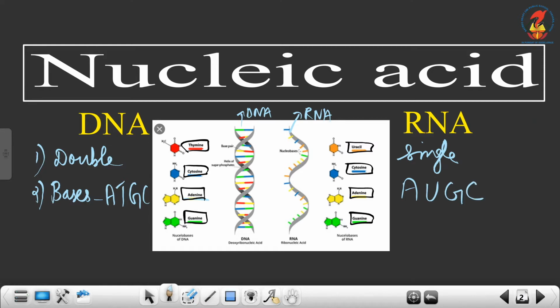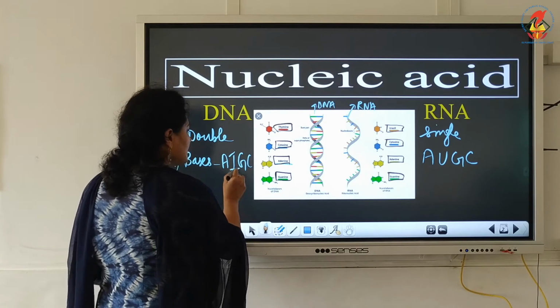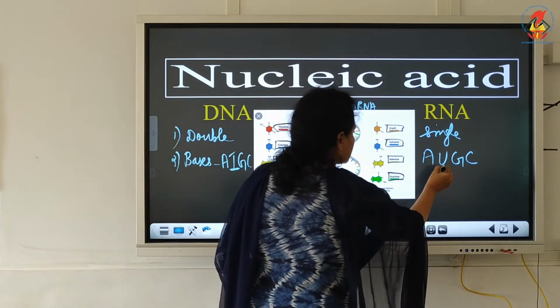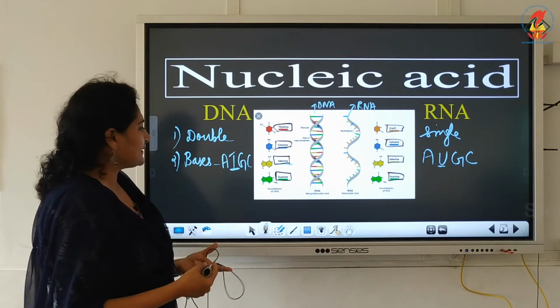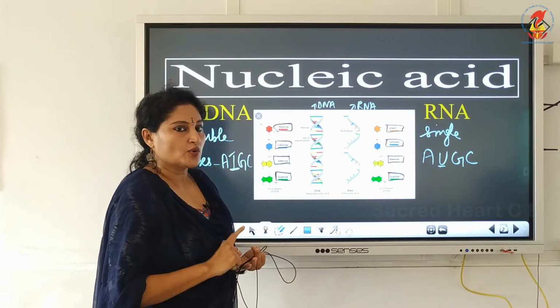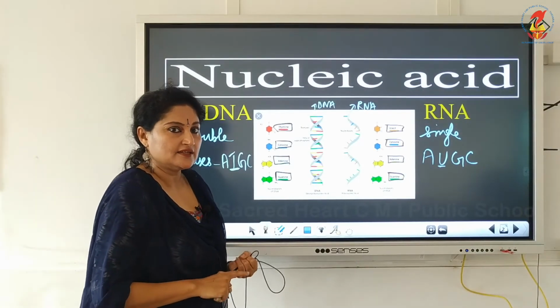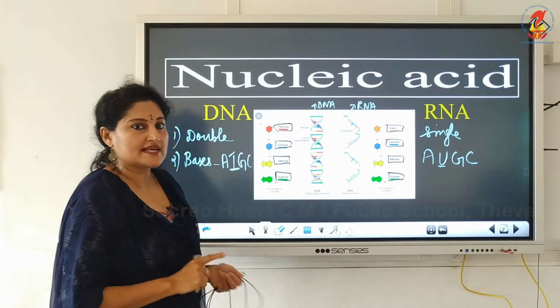So, we can see the difference between DNA and RNA is, instead of thymine, in RNA it is uracil. So, quickly saying about the bases, in DNA the bases are adenine, thymine, guanine and cytosine, whereas in RNA it is adenine, uracil, guanine and cytosine.